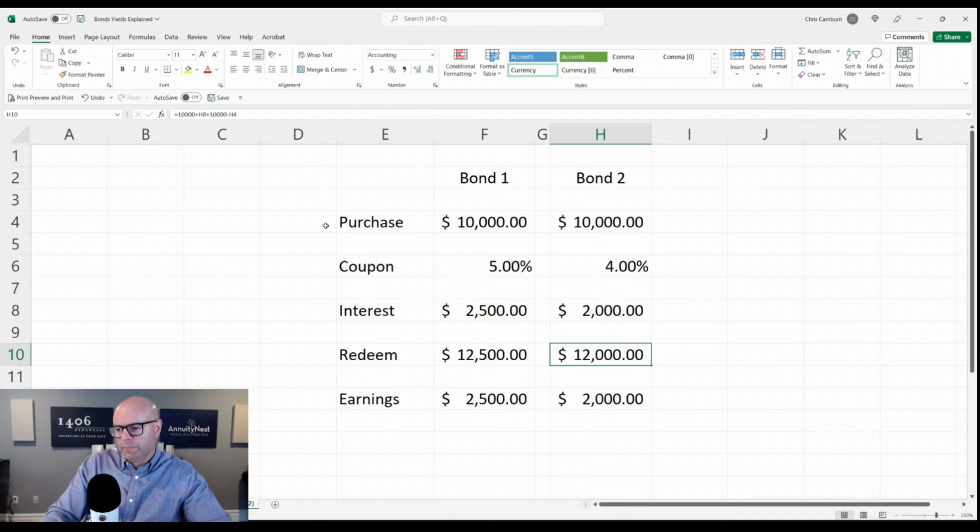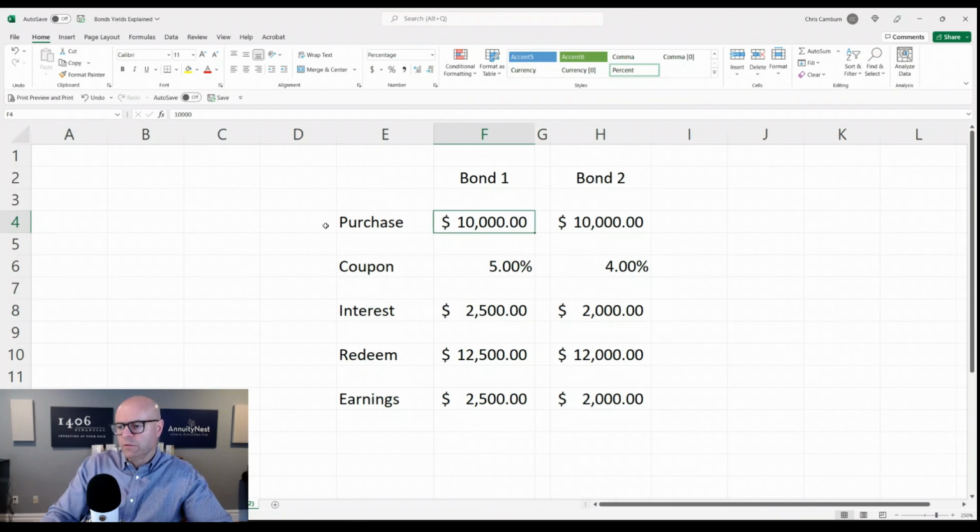This bond will only be redeemed for $12,000 instead of $12,500. I think you see where I'm going. That means you can price your bond at $12,500 to match. See the earnings. If you sell your bond at $10,000, they're going to earn more by buying your bond.